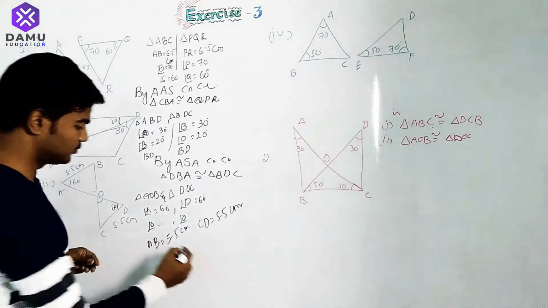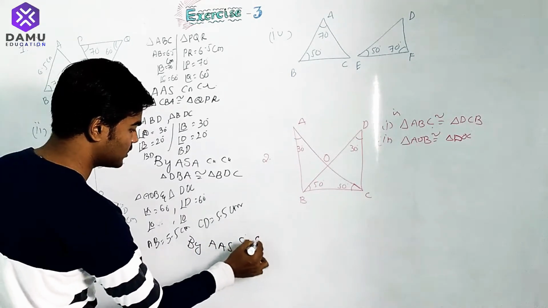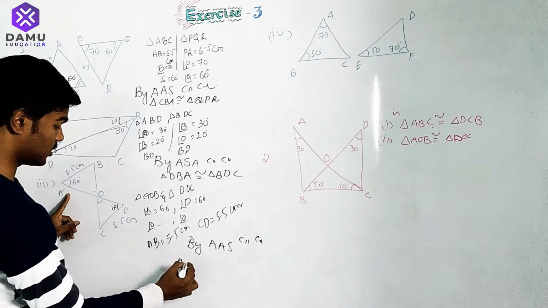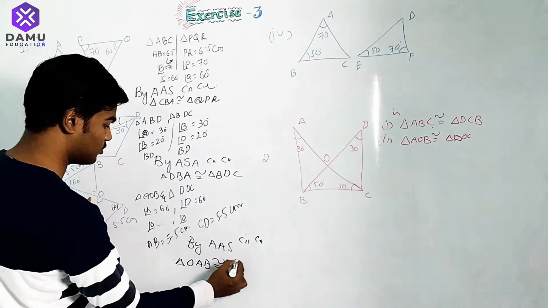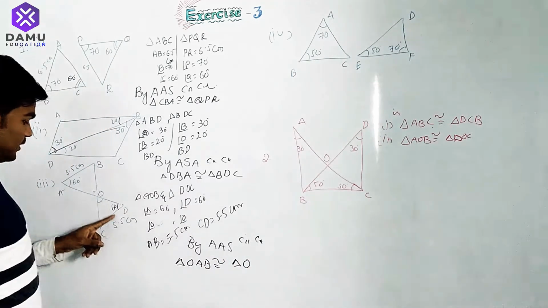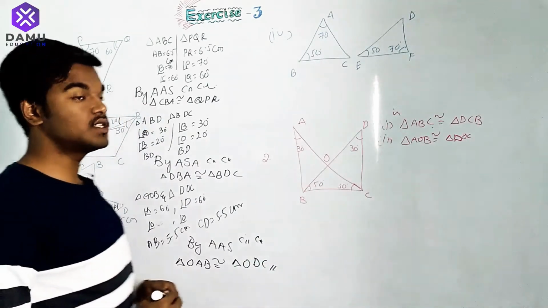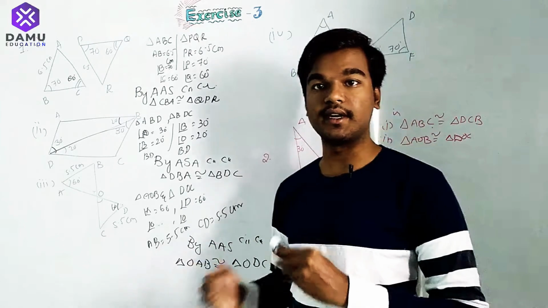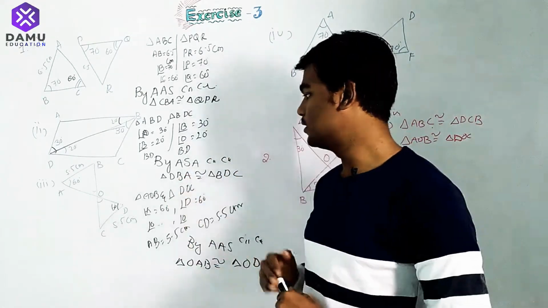So by the AAS congruency criterion, triangle OAB is congruent to triangle ODC. These are the corresponding parts. This is the way to write corresponding parts and corresponding angles.